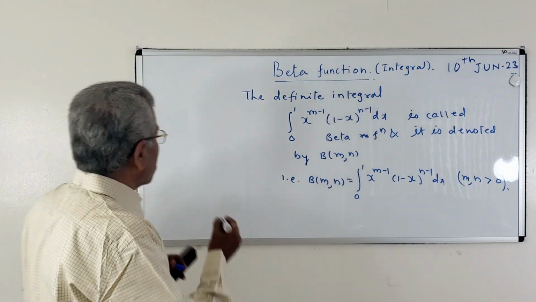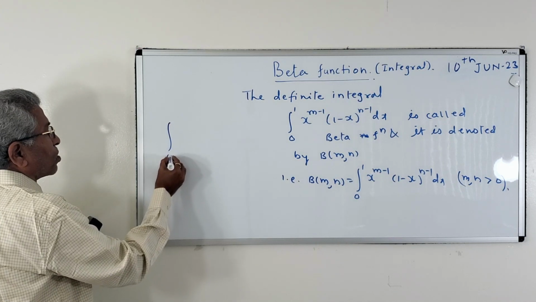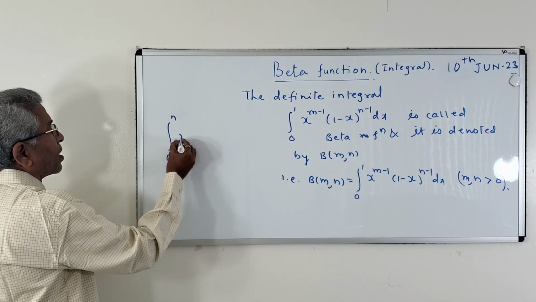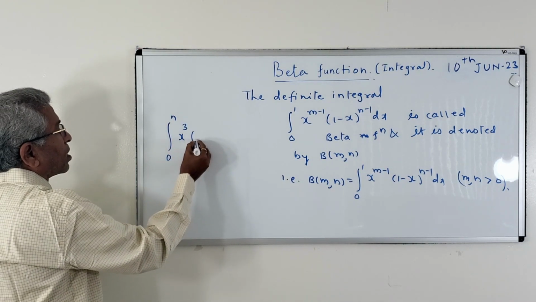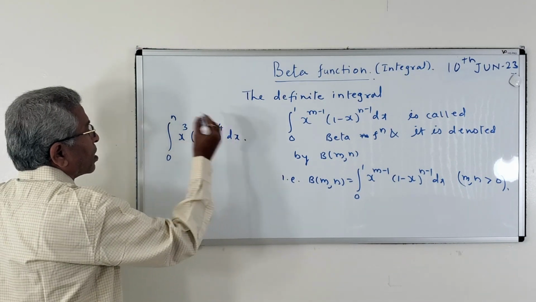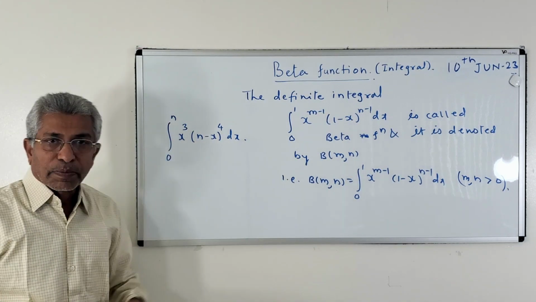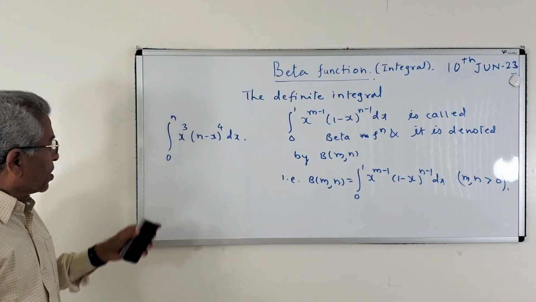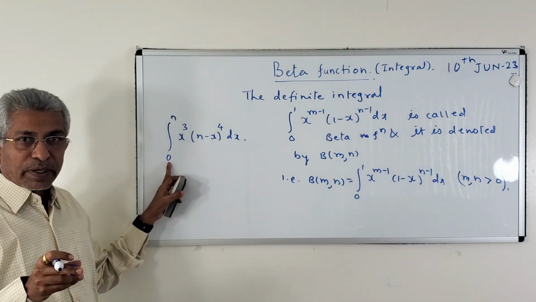Let us see another example: the integral from 0 to n of x cubed into n minus x raised to 4 dx. Suppose you are asked to solve this example. Is the lower limit 0? Yes, the lower limit is 0.